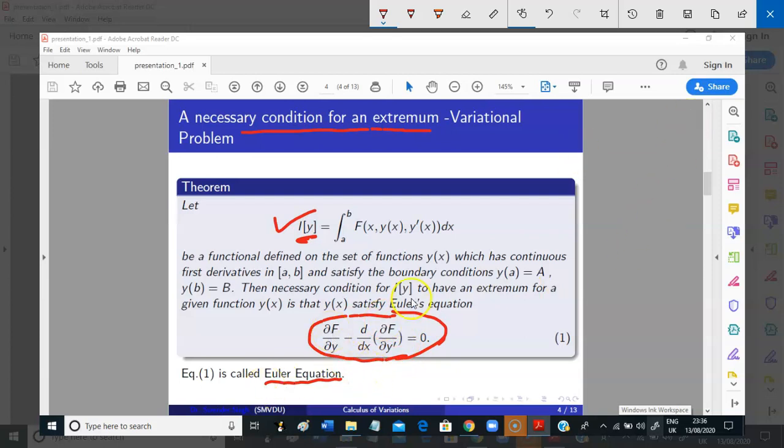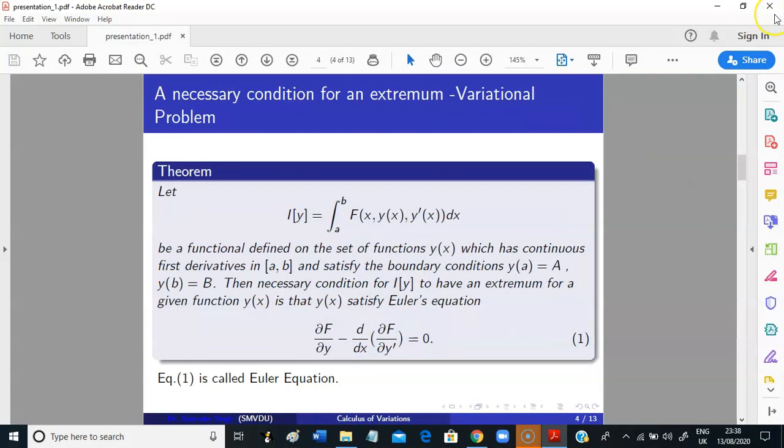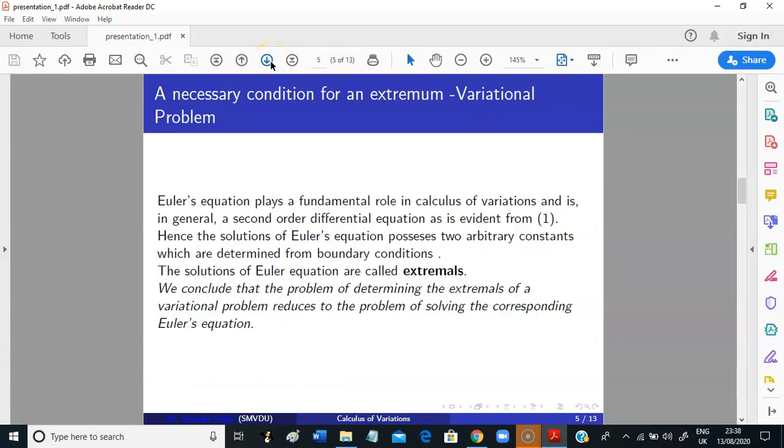So you should remember this Euler equation for the purpose of numerical problems, and this Euler equation is going to have several forms in certain conditions. We determine the extremals with the help of the Euler equation.